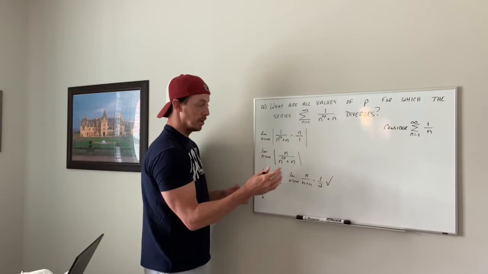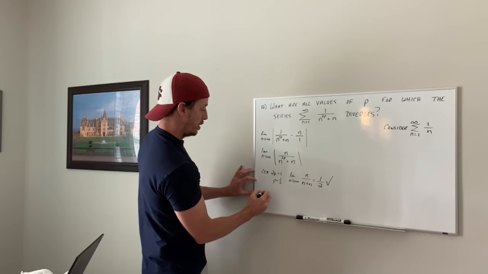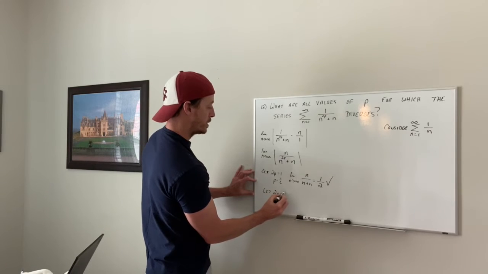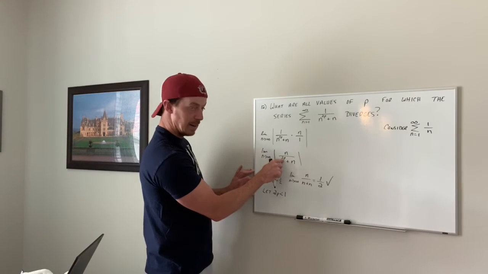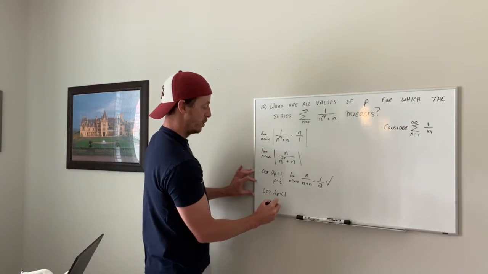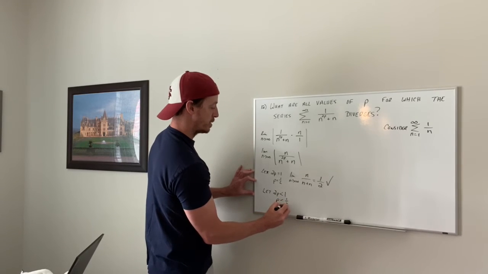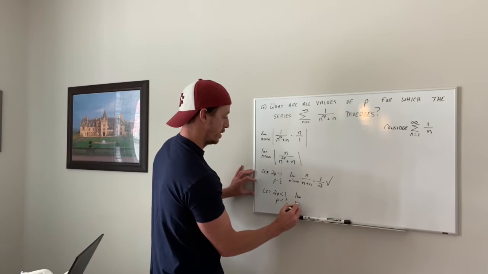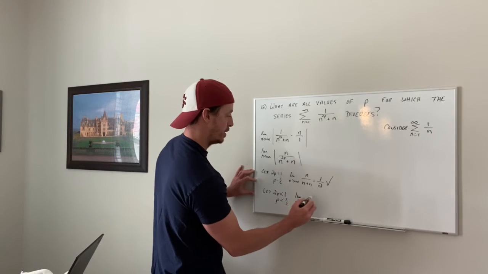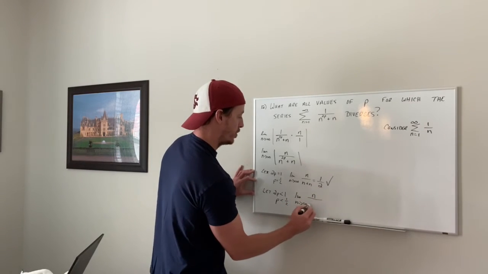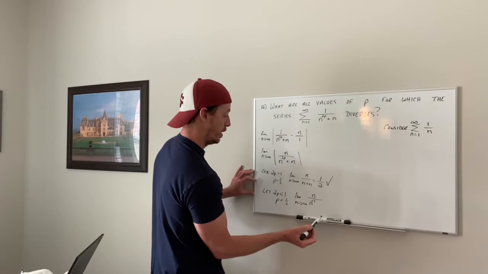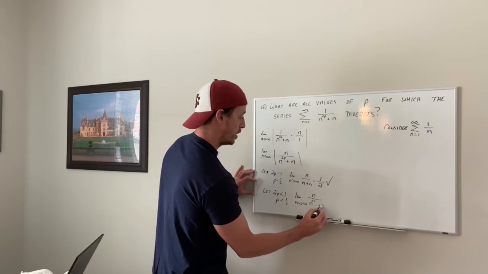Let's consider some other stuff now. What if 2p was less than 1? In other words, what if that exponent was less than 1? Obviously that would mean that p was less than 1/2. Then the limit as n approaches infinity of n over n raised to some number that's less than 1, plus n.